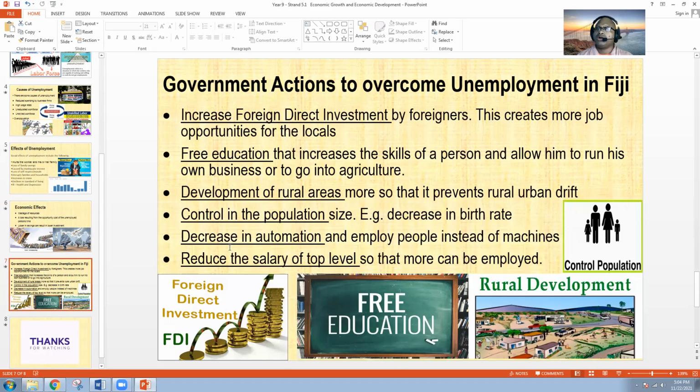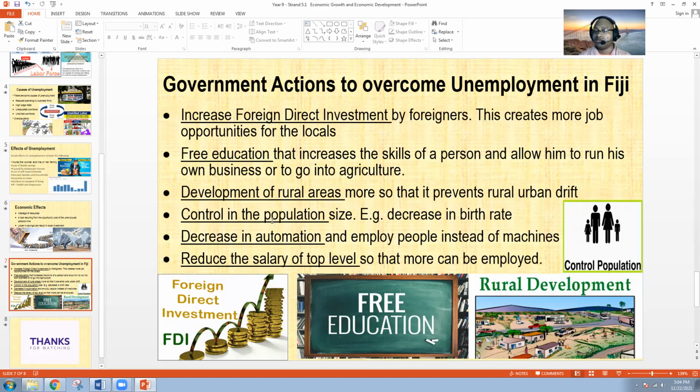Last one, what does the government do? Number one, foreign direct investment: overseas investors coming in to invest, setting up businesses, creating employment. Number two, free education, making people get an education and a decent job. Next, development of rural areas to stop rural-urban drift.